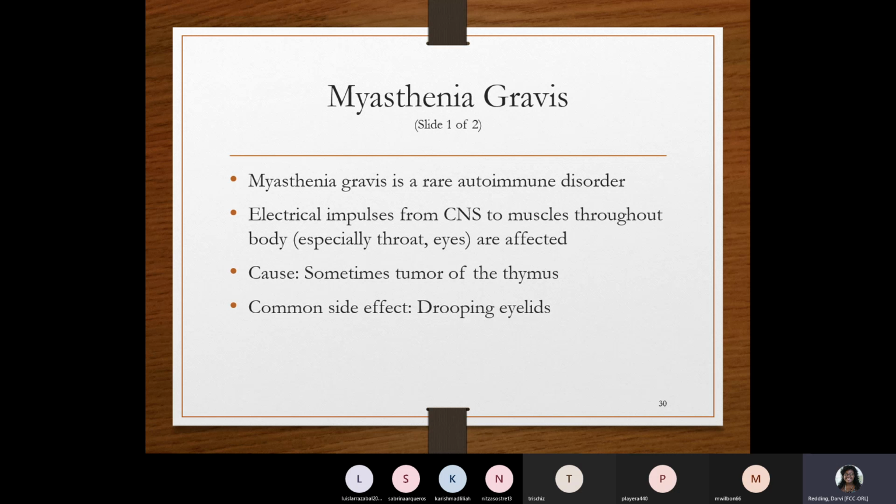And so, as we learned, it's a result of skeletal muscle weakness. It affects the throat muscles, the eyes, and the eyelids, as well as voluntary facial muscle movement. And so, less commonly, the disease can affect other areas. So, there are some vocal and visual difficulties that might occur. And as a reminder, the eyelid drooping is common. So, basically, the muscles fatigue easily and it takes longer to recover.